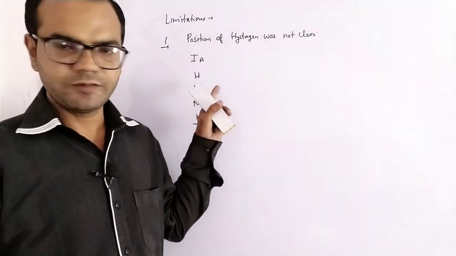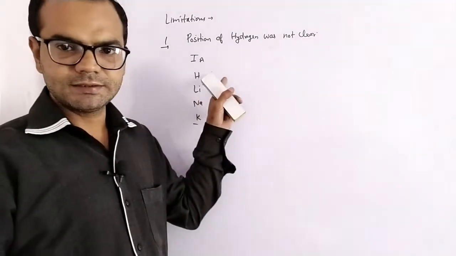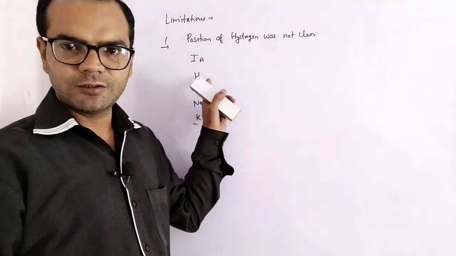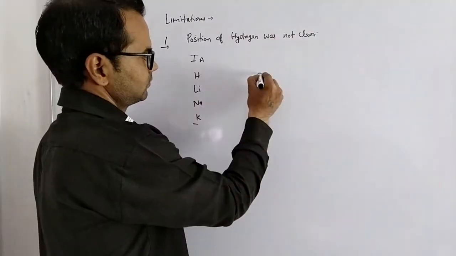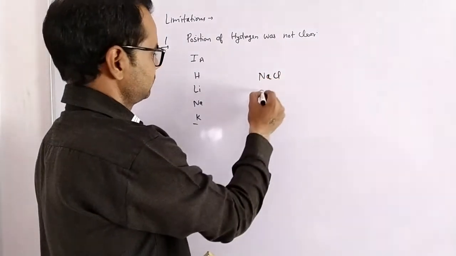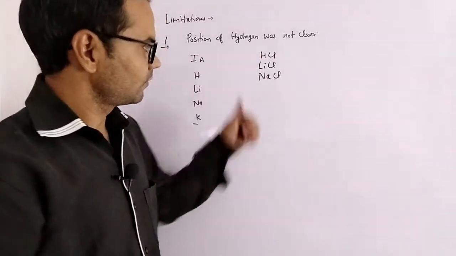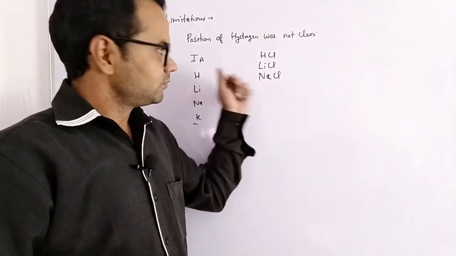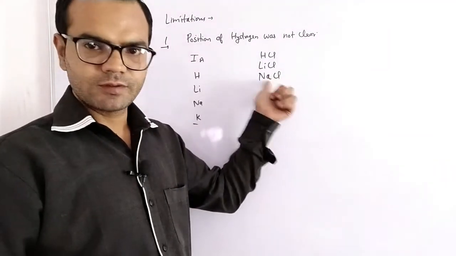Some properties of hydrogen match with the alkali metals, but on the other side, properties of hydrogen also match with the halogens. So some properties of hydrogen match with lithium, sodium, group number 1.